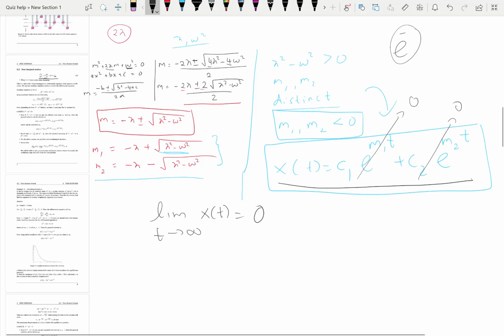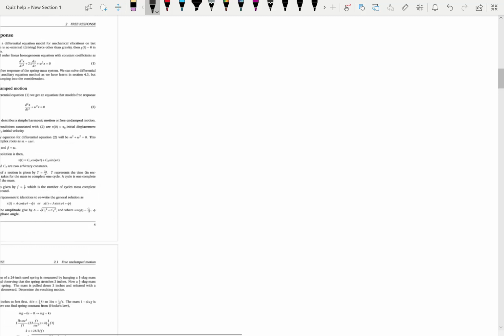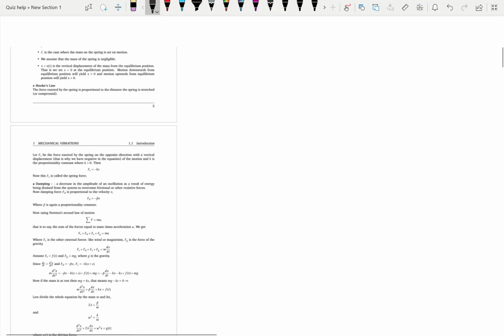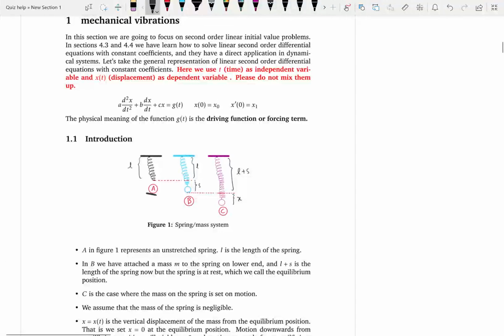Here's the physical explanation. What is the physical meaning of x equal to 0? X is the displacement. Displacement 0 means what is the position of the mass? We have to go back to the beginning discussion. In the very first lecture, we have the spring, and we attach a mass, so it stretches instantaneously from L to L plus S, which is the rest position.